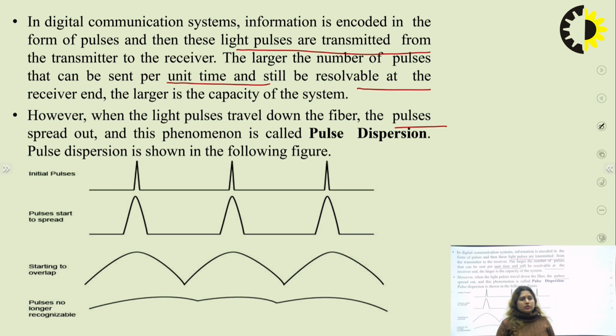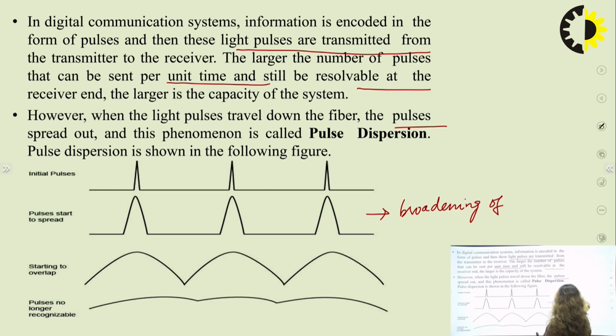Pulse dispersion is shown in the following figure. You can see in the first figure, that is figure A, there are initial pulses, and the pulses start to spread when they enter the fiber. So when they enter, there is broadening of the pulses. Then these pulses overlap with each other. Obviously they will broaden beyond some width.